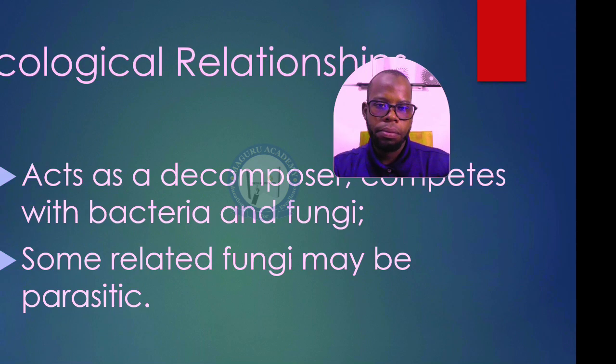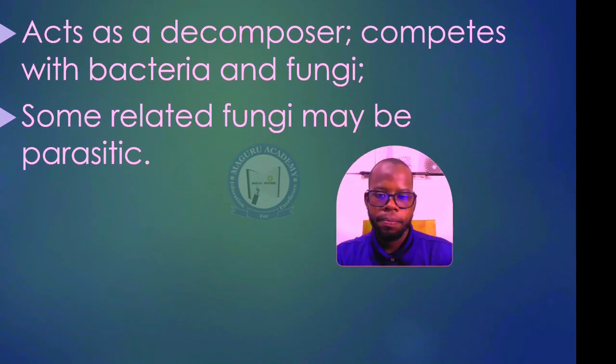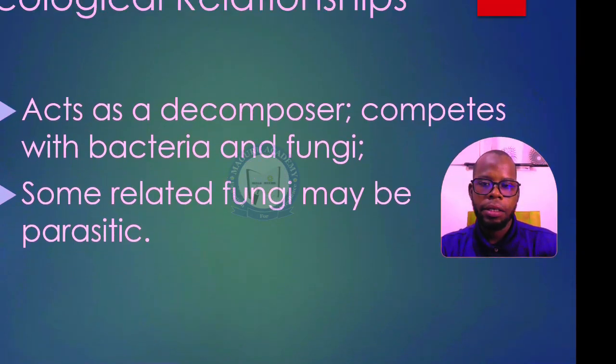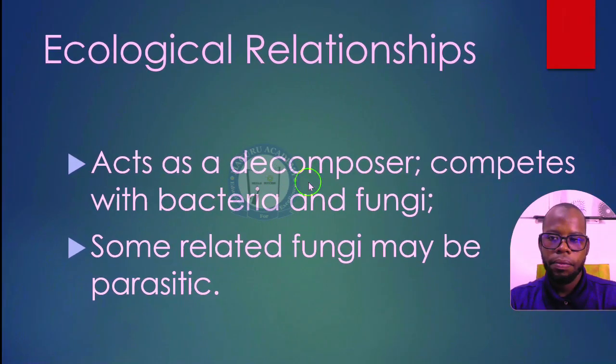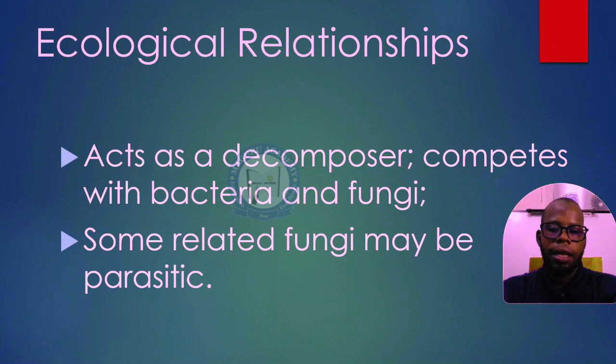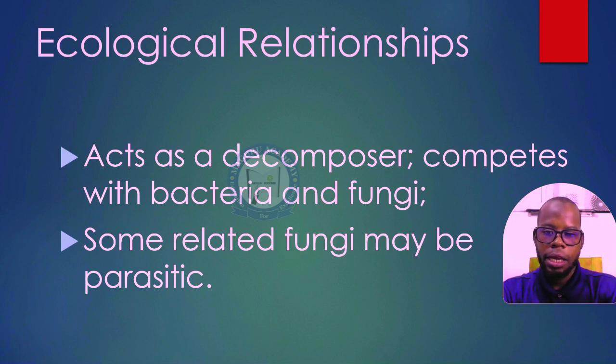Ecological relationship. In the ecosystem, how does it integrate with the environment and other organisms? It acts as a decomposer. When it decomposes material, the soil changes its structure, so plants can grow. It competes with bacteria and other fungi, and some related fungi may be parasitic.